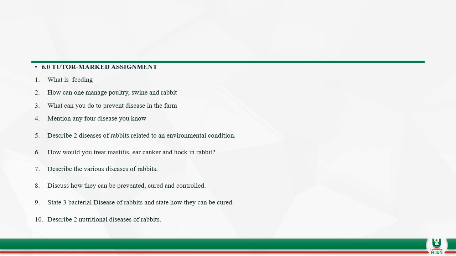How would you treat mastitis? Describe the various diseases of rabbits. Discuss how you can prevent, cure, and control some of these diseases. State some 3 bacterial diseases of rabbits and state how they can be cured. Describe some 2 nutritional diseases of rabbits.